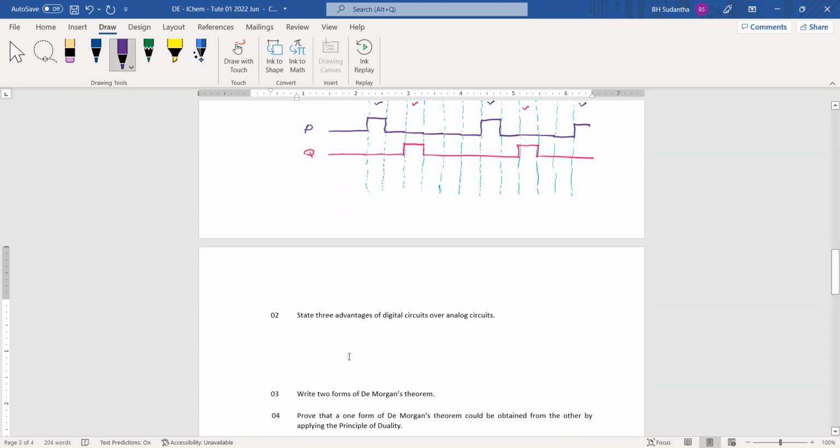State 3 advantages of digital circuits over analog circuits. You know that many reasons are there. What are the advantages? Okay. Then it's compact.